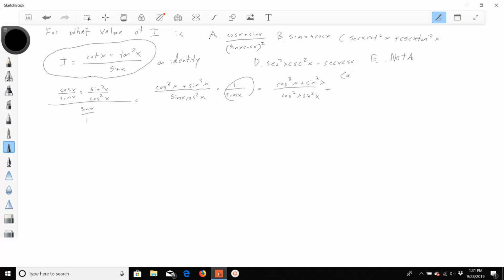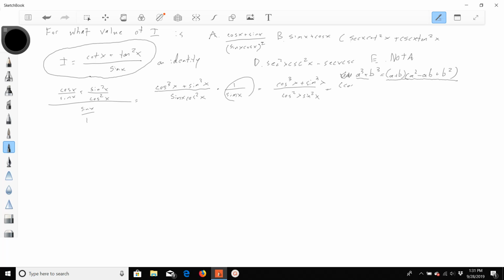I should write it down: A cubed plus B cubed is equal to A plus B times A squared minus AB plus B squared. If you don't believe me, just FOIL this out and if you do it right, you're going to get that.